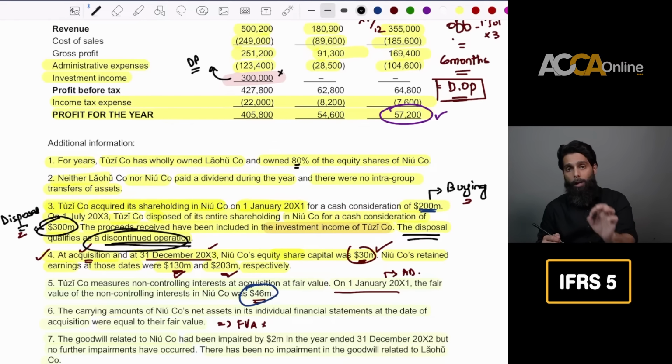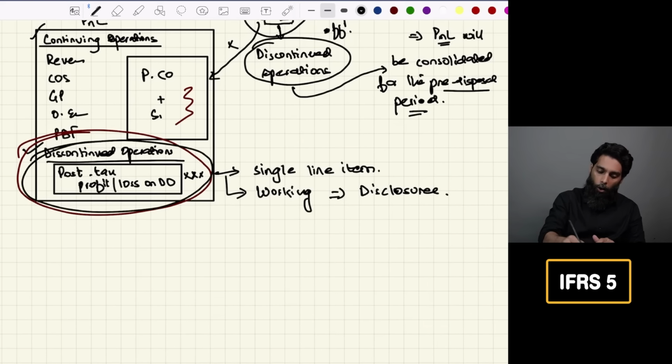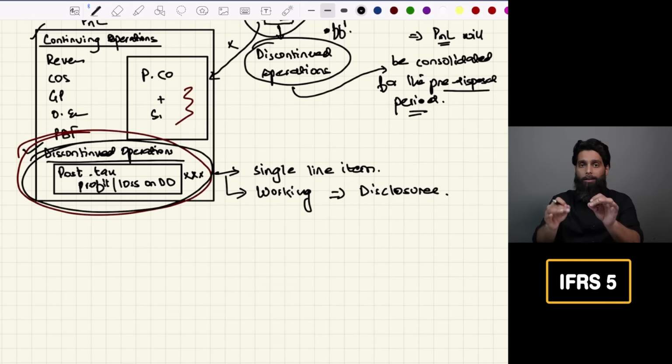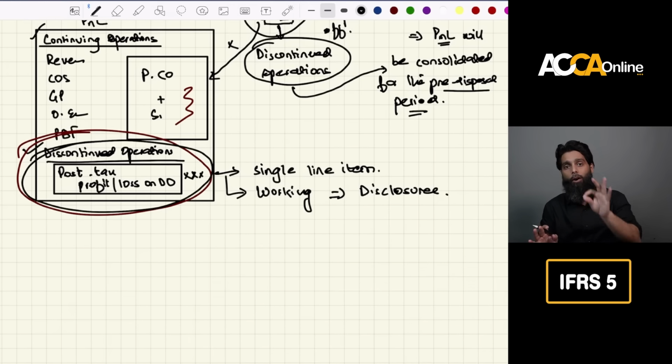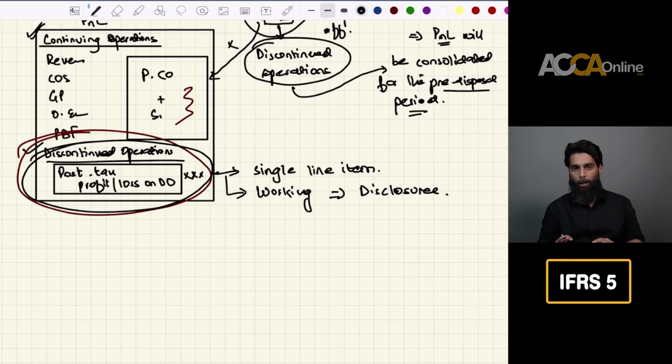And since New company's disposal is a discontinued operation, we need to present profit or loss of the discontinued operation separately. Do you all agree? We need to present profit or loss for the year on the discontinued operation separately from our consolidation of continuing operations.